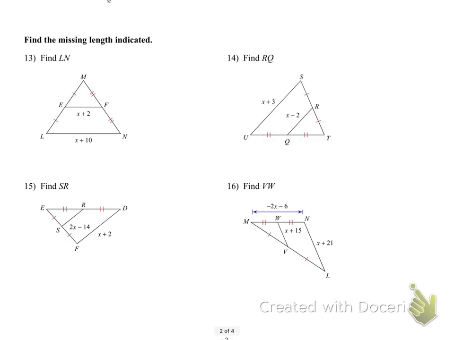We do need to know x first. So knowing what you know about mid-segments, how could we set up an equation to solve for x? So maybe a simpler question. Oh, go ahead.